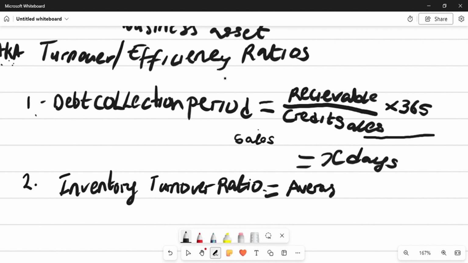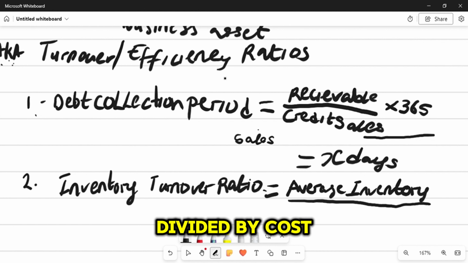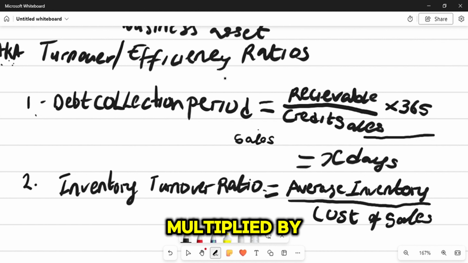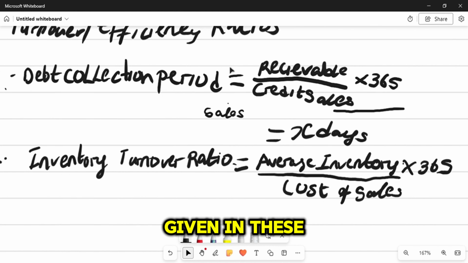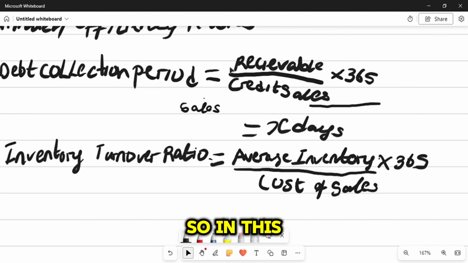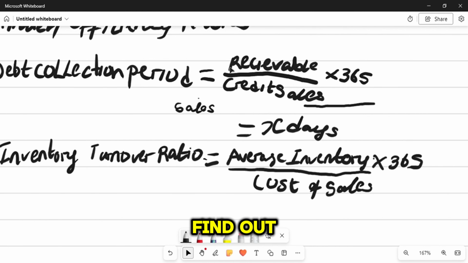You write this as average inventory divided by cost of sales multiplied by 365 days. The answer is also given in days, right? In this formula, what you're basically trying to find out is the number of times average stock converts into sales. The answer is always given in days.